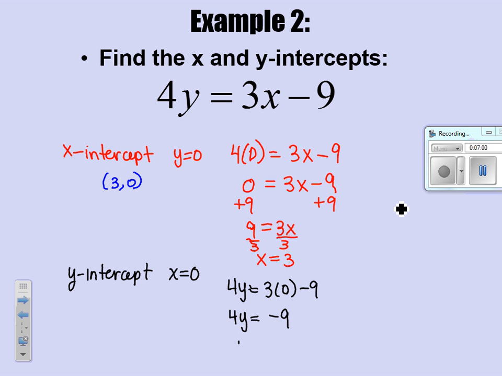Divide both sides by 4 and you get y equals negative 9 over 4. So our y-intercept is (0, -9/4). So we could take both of those x and y-intercepts, put them on a coordinate plane, and draw a line between those 2 points, and that would be a quick sketch of our graph.